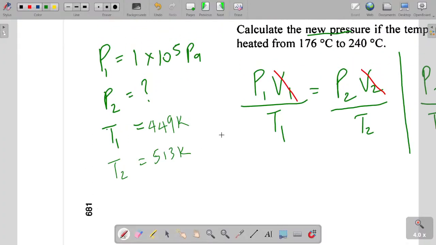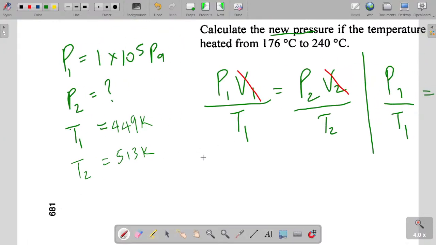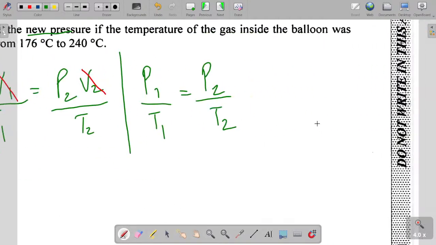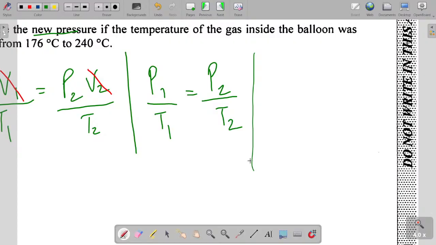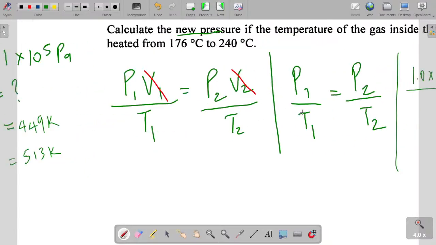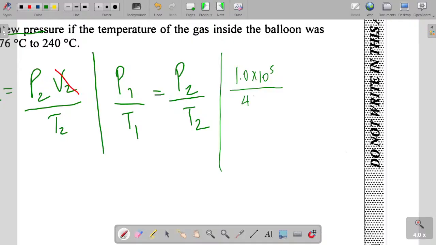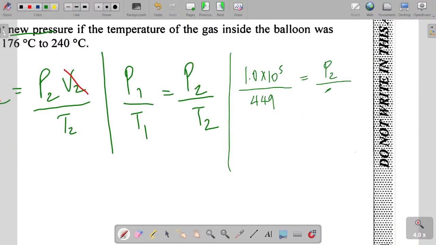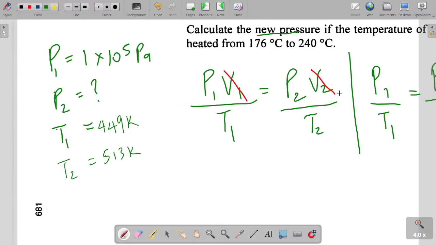So all we need to do now is plug in all this information. P1 is going to be 1.0 times 10 to the 5th, divided by T1, which is 449, equals P2, which is our new pressure, divided by 513.